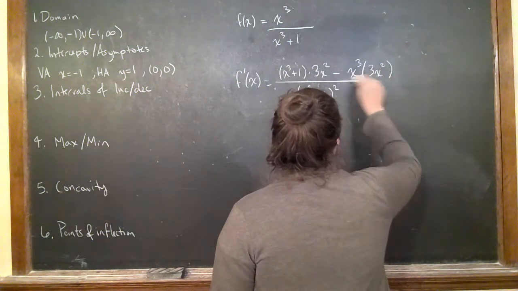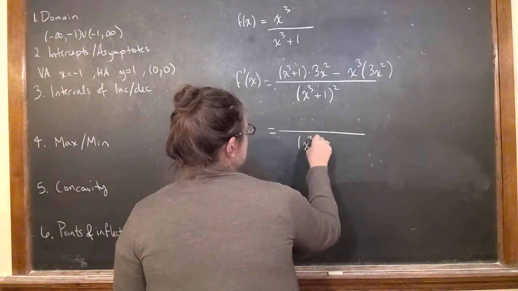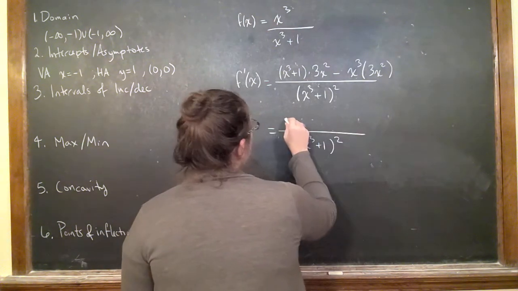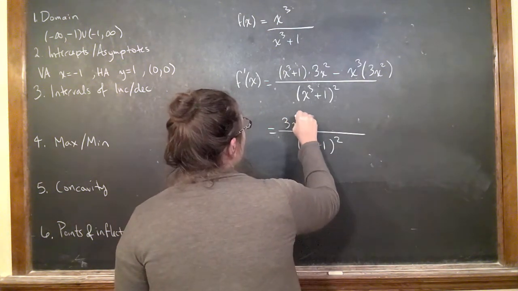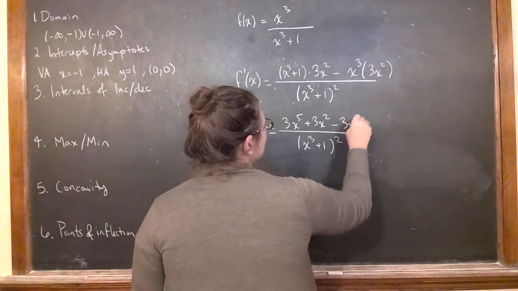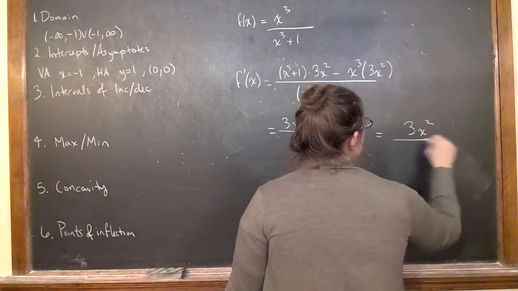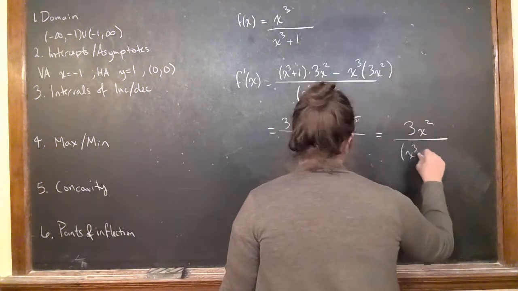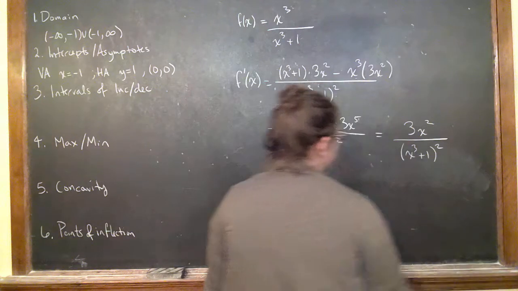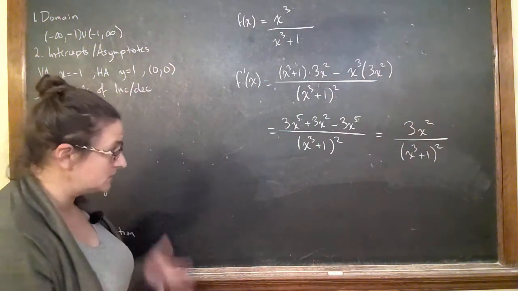So these cancel out, right? So this would be 3x to the 5 plus 3x squared minus 3x to the 5. So I eventually have 3x squared over x cubed plus 1 squared.